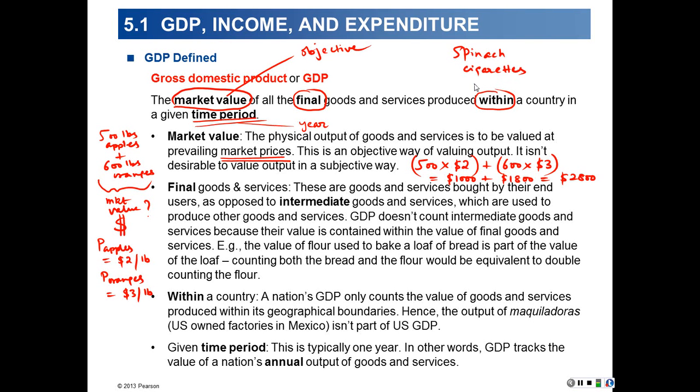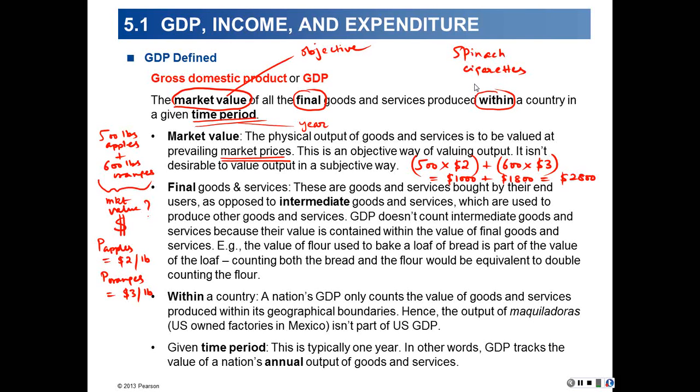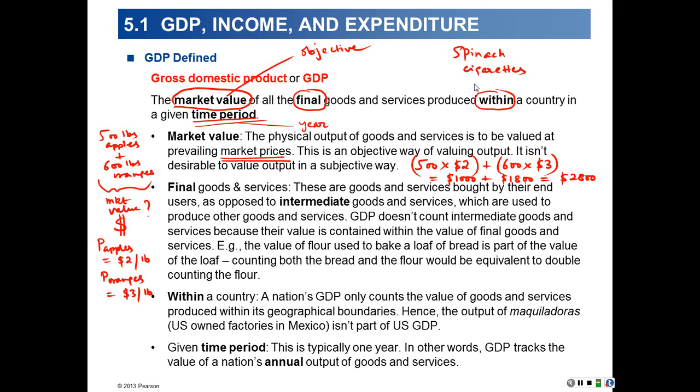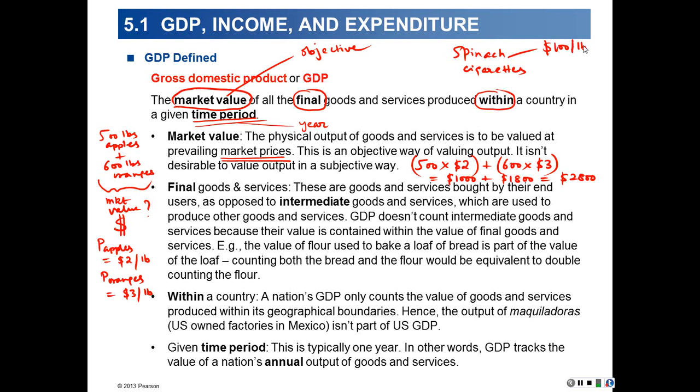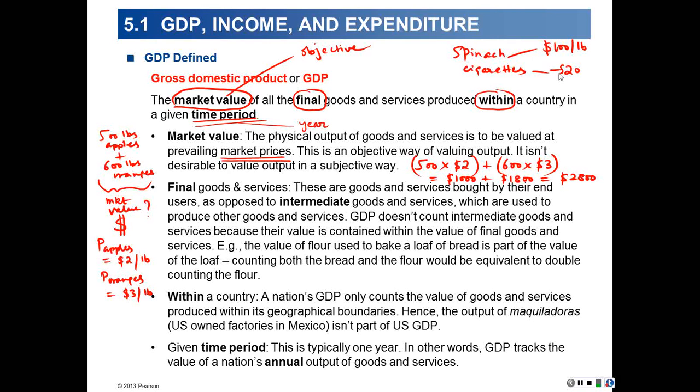Now, spinach is good for you. Cigarettes are bad for you. Well known, right? Now, what if somebody comes along and says, well, since spinach is so good for you, we should price this at $100 a pound. And since cigarettes are bad for you, let's give it a price of minus $20 a packet.